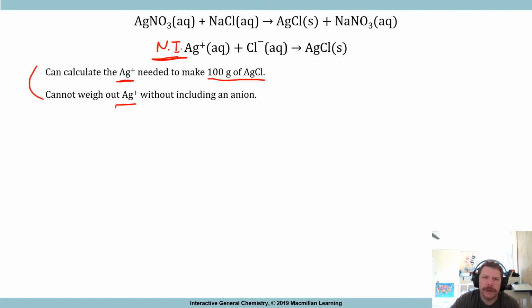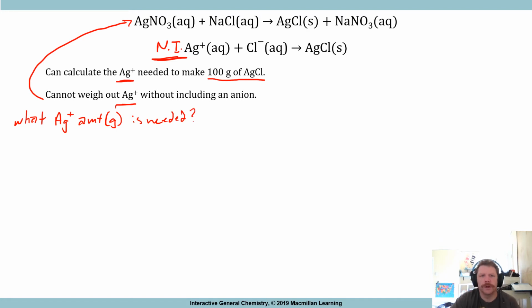They're going to be a part of an ionic compound like silver nitrate. So for this question, we're going to figure out what Ag plus amount, in grams, is needed.